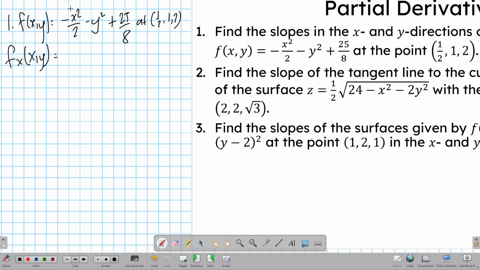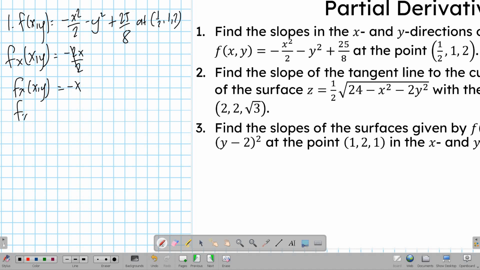So let's first find the partial derivative in terms of x. The derivative of this as is becomes negative 2x over 2. Since this is y, it is considered a constant, and 25 over 8 is actually a constant too. These two are constants, so the derivative of that would be 0. Simplifying, we get the partial derivative of the function in terms of x as negative x.